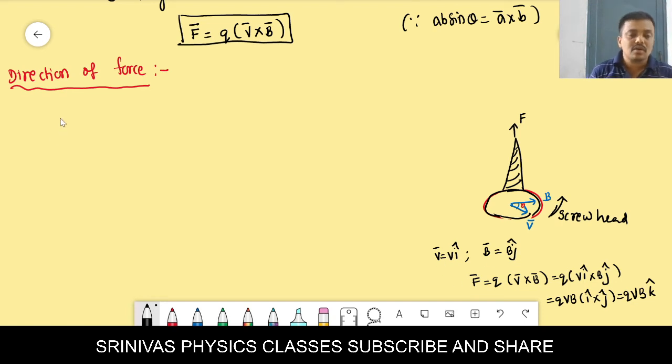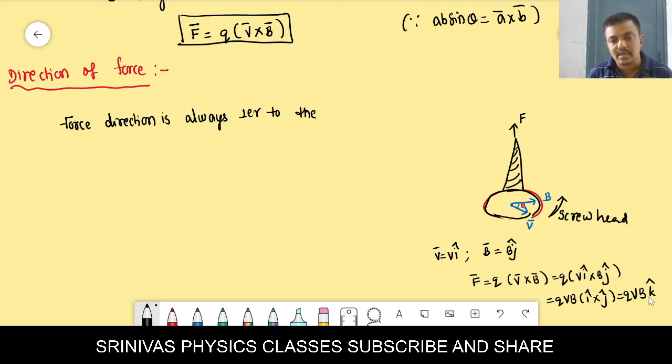That means what we can say here, the force direction is always perpendicular to the... this z-axis is the force direction, that is perpendicular to the x-axis, meaning perpendicular to velocity, and perpendicular to the magnetic field also, perpendicular to both, right?